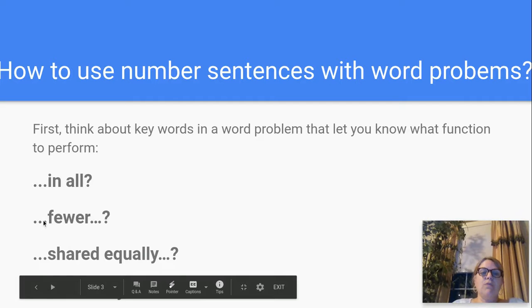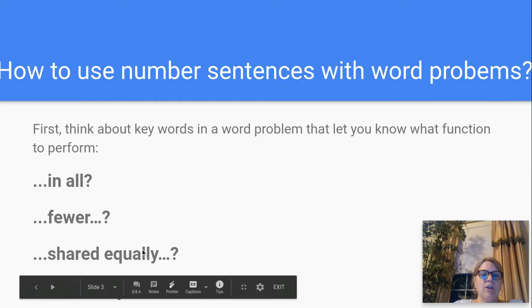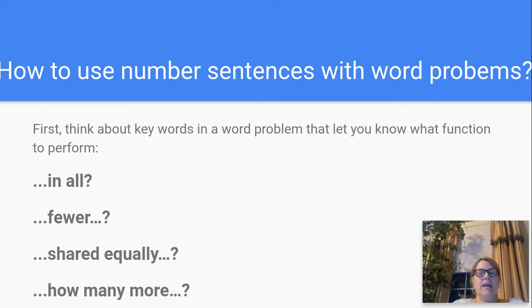If it has the word "fewer," like Susie had 5 fewer kickballs than her friend Joan, fewer indicates that you're going to need to subtract. It's subtracting a certain amount from a larger amount. "Shared equally." You see this a lot, like if someone has a bunch of baseball cards and they're going to share them equally among 3 friends.